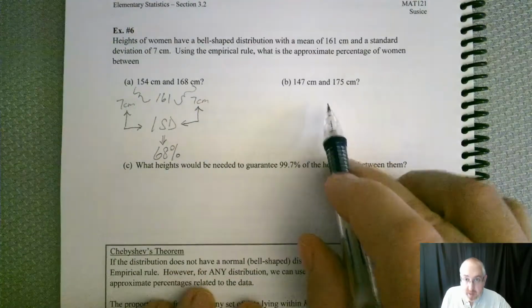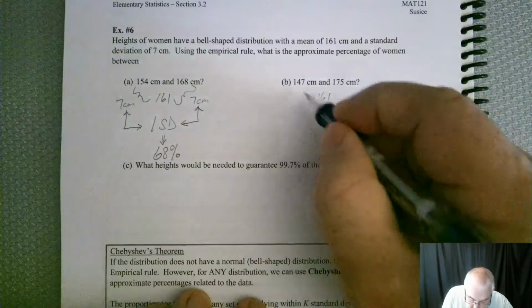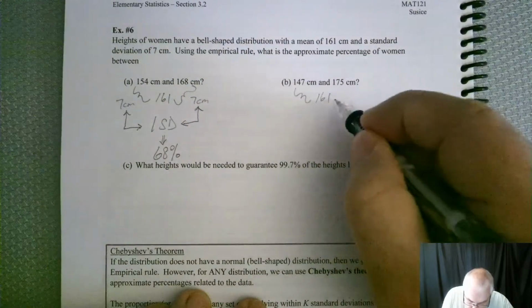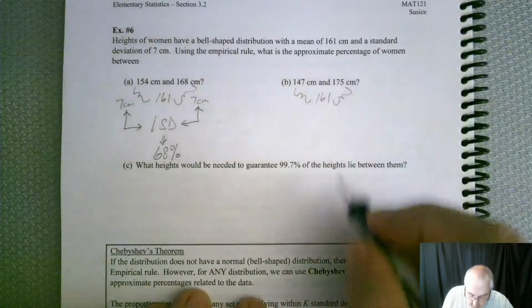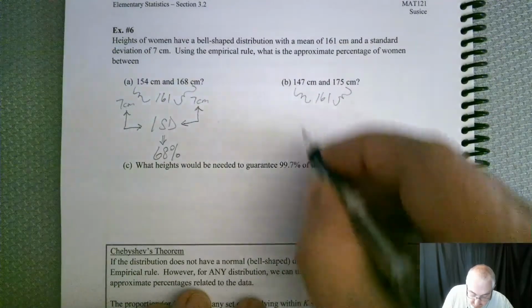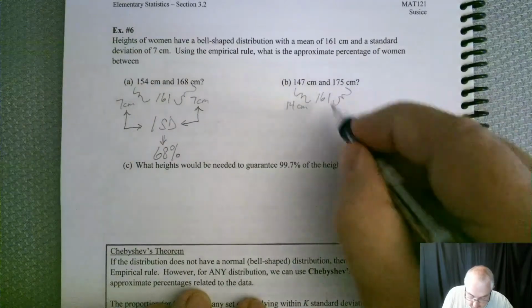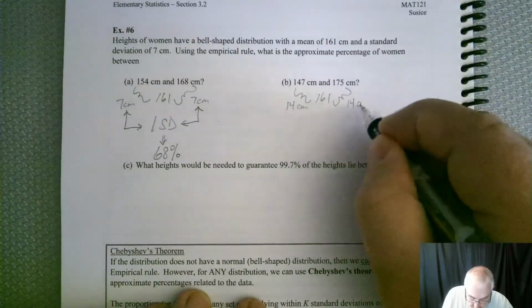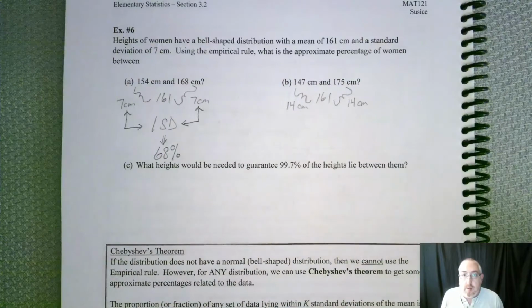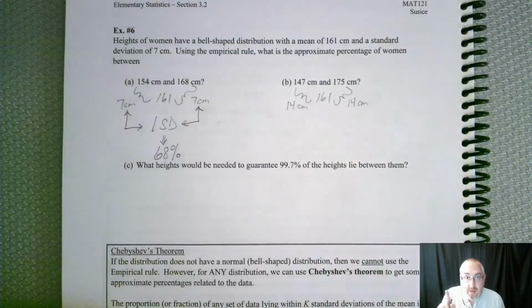Let's see what happens over here. Same thing, we've got 161 in the middle, hopefully, but let's double check it. So we can see that 161 minus 147, that's 14. And luckily we get 14 on this side. So now let's relate it back to our standard deviation. 1 standard deviation is 7 units.